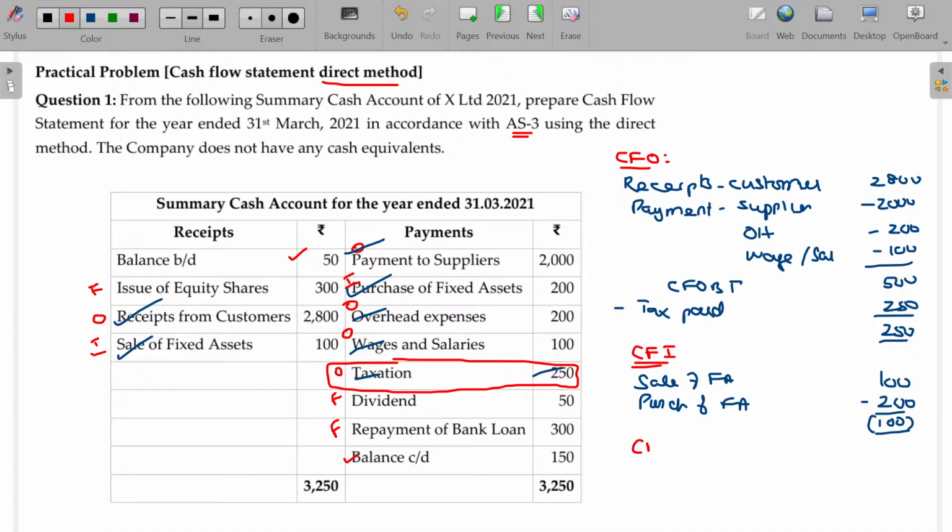Then cash from financing. In case of cash from financing, we'll start with issue of equity shares, 300 rupees, and dividend paid minus 50, repayment of bank loan minus 300.